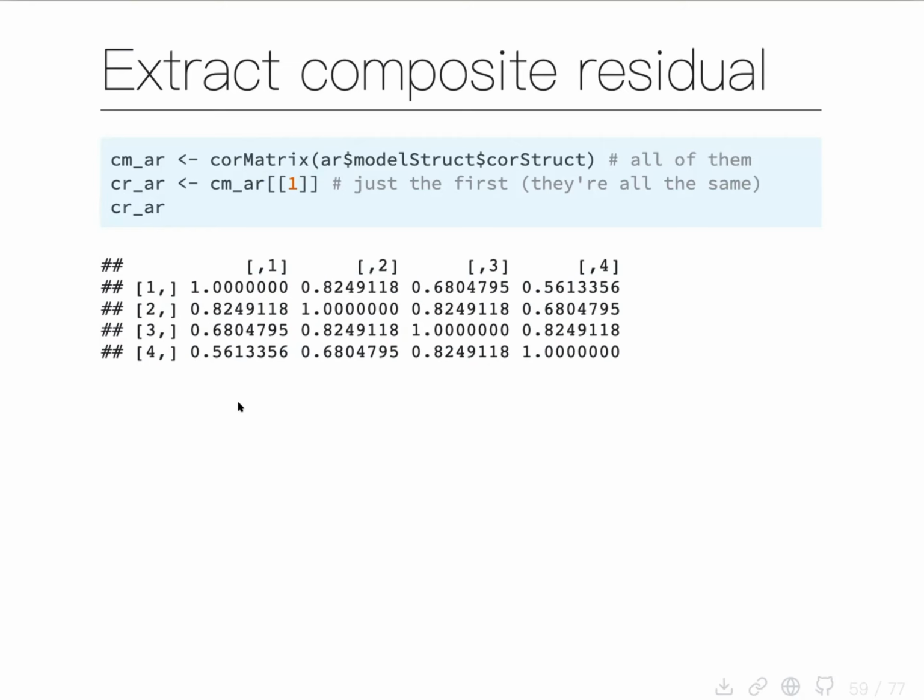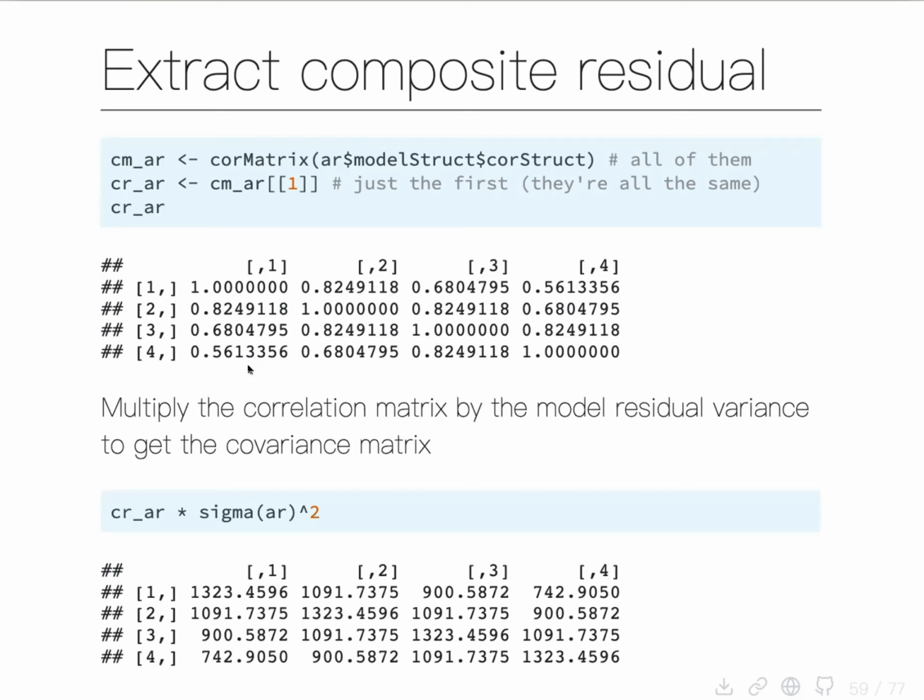And what we can do is multiply this residual correlation matrix by sigma squared, which is our residual variance. And now we get our composite residual in terms of variances and covariances. So you can see the variance at each time point is the same, and then we have this band diagonal structure.